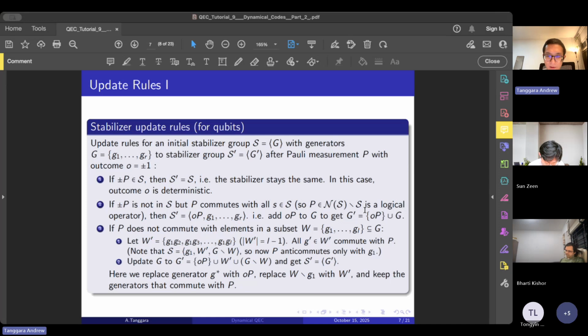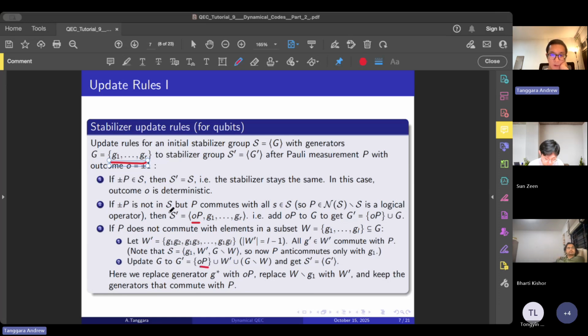I'm going to flash out this stabilizer update rule. The principle here is that you measure something, come up with generators such that only one generator element anti-commutes with your measurement, then get rid of that one and put in your measurement.